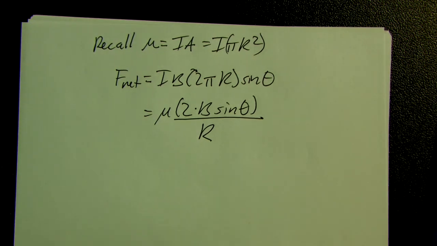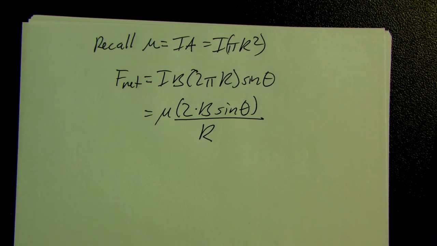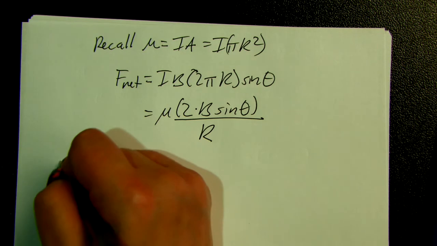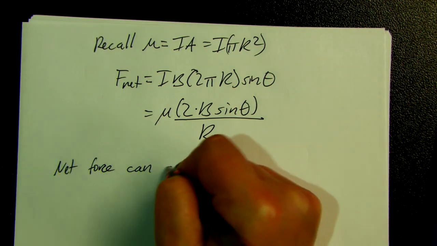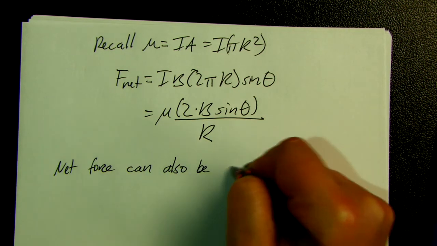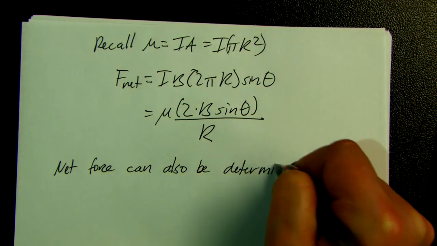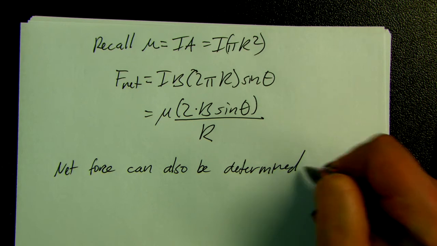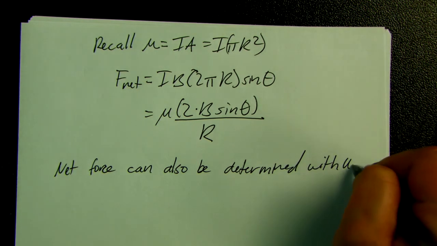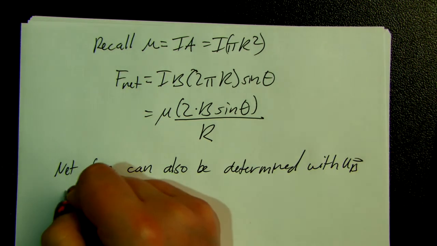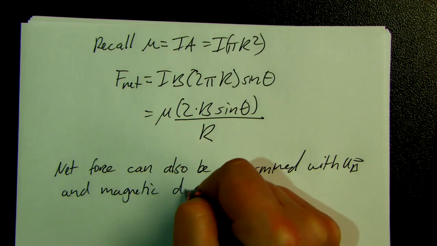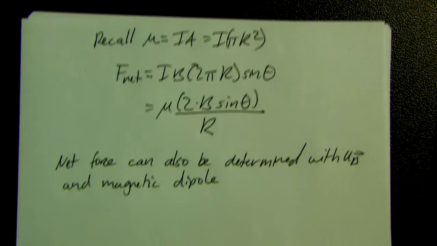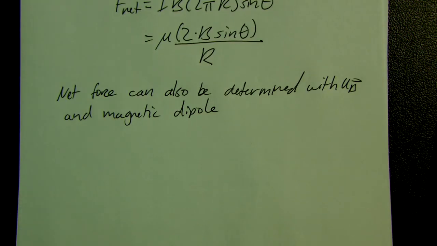But you can also determine net force using the potential energy and the magnetic dipole. So I'll write that down. Net force and magnetic dipole. All right, so let's take a look at that.